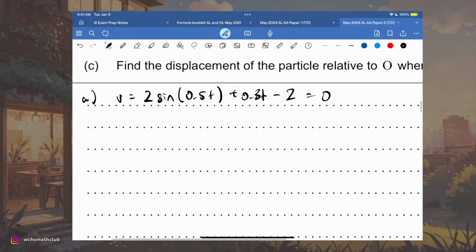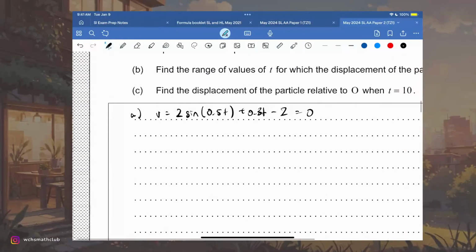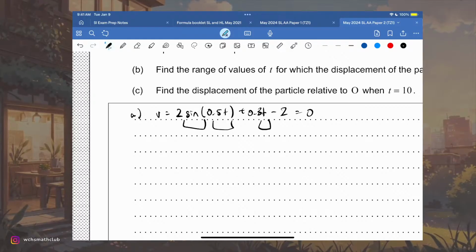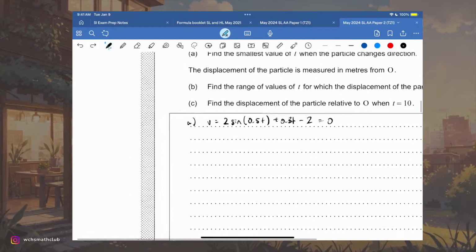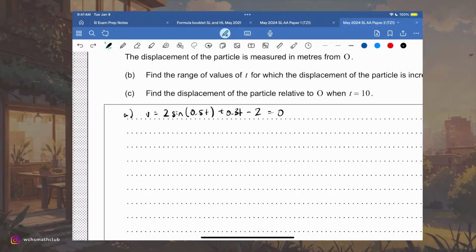I think that's probably the best option in this scenario, because if we were to solve this algebraically, we're going to be left with a sine with a t term and some kind of polynomial in t, and that's going to be really hard to deal with. Instead, I'm going to use my calculator and go into my graphing section.